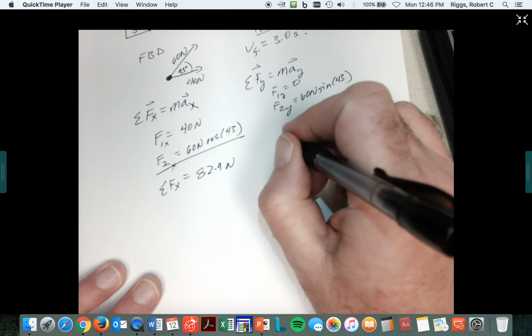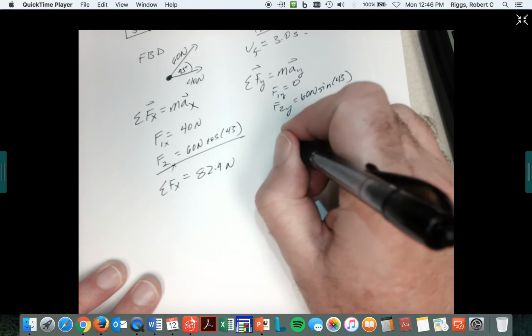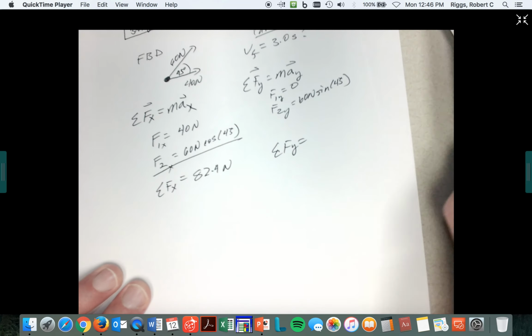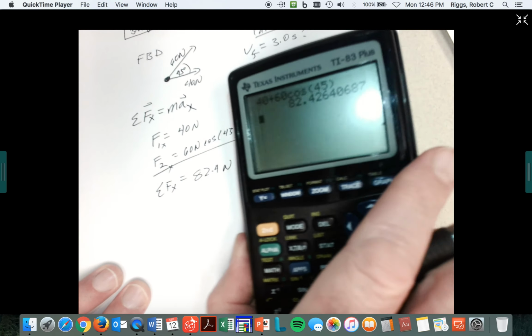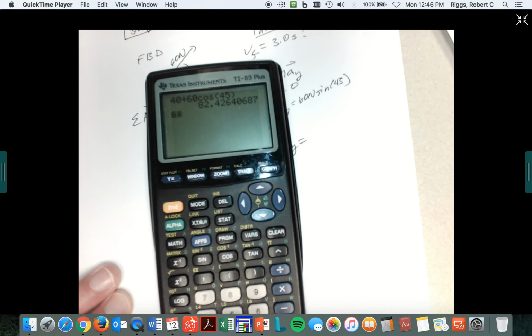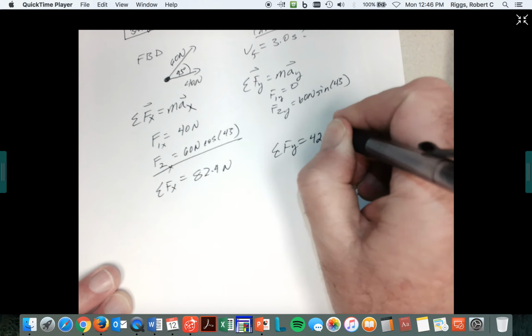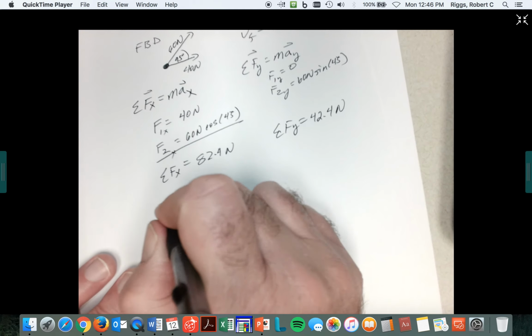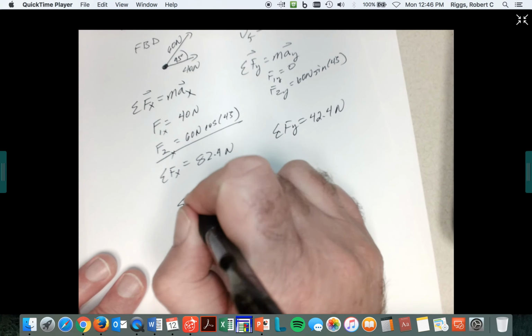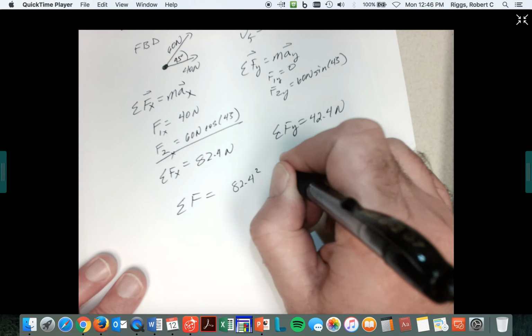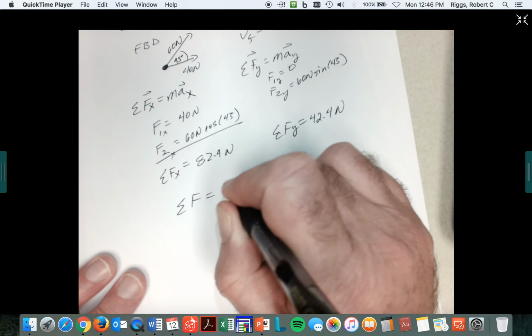And the sum of the forces in the y direction is equal to 60 sine 45, which is 42.43. So the net force on this object is equal to the square root of 82.4 squared plus 42.4 squared.